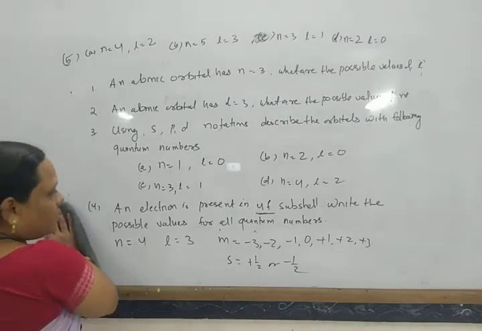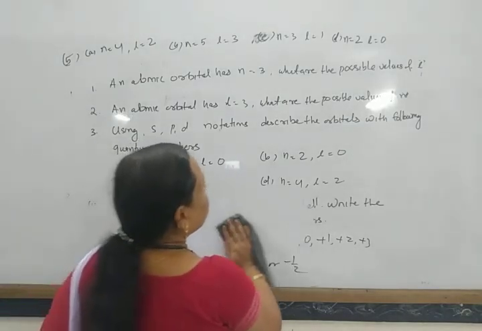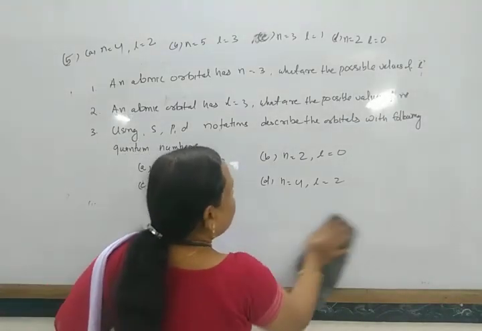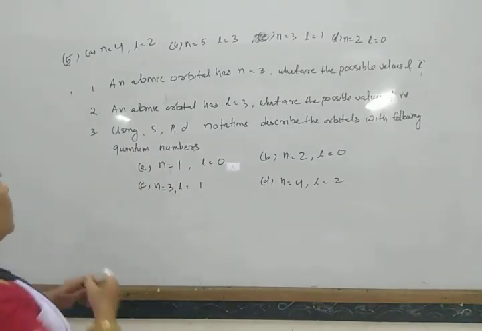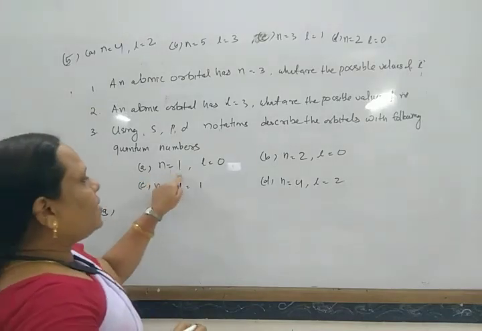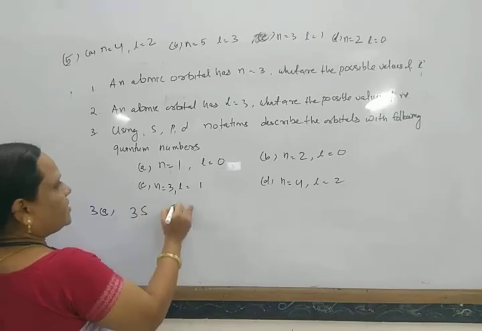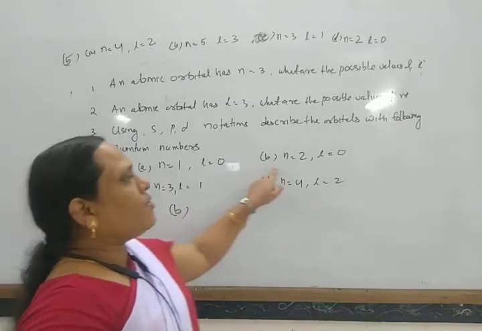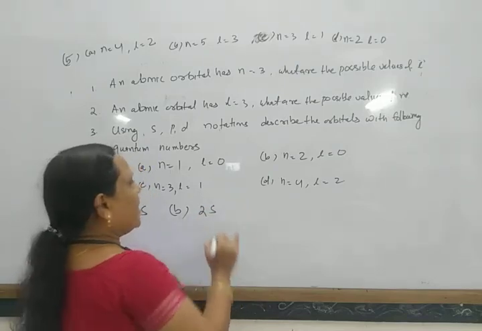Next come to question number 3. Using s, p, d notations, describe the orbitals with the following quantum numbers. First, n equal to 1, l equal to 0, that means 1s. B, n equal to 2, l equal to 0, that is 2s.